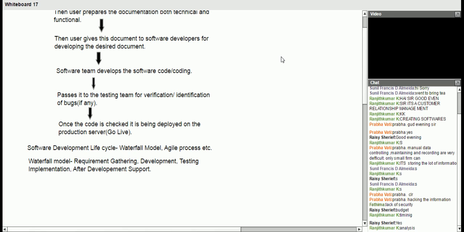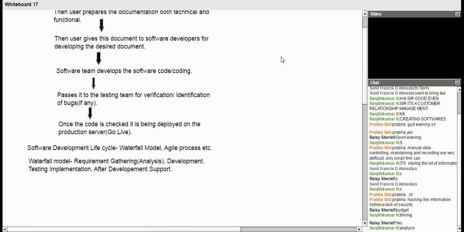First is the analysis part. Analysis or requirement gathering means almost the same. You can also use the word requirement gathering, because when you do requirement gathering, obviously you are doing analysis as well. Without analysis, you cannot gather the requirement. So that's the common understanding. You can also write analysis here. It means the same.